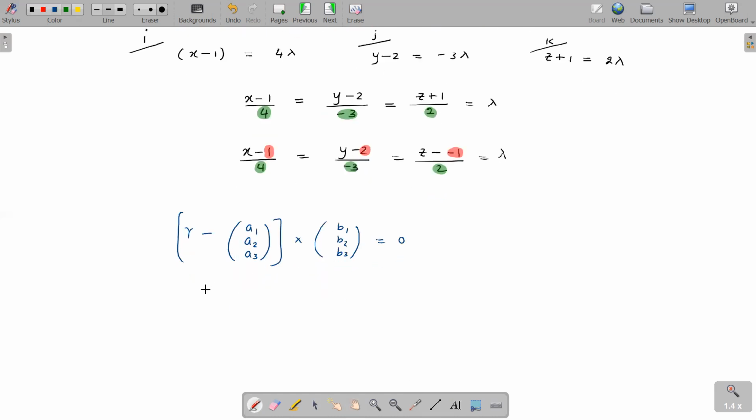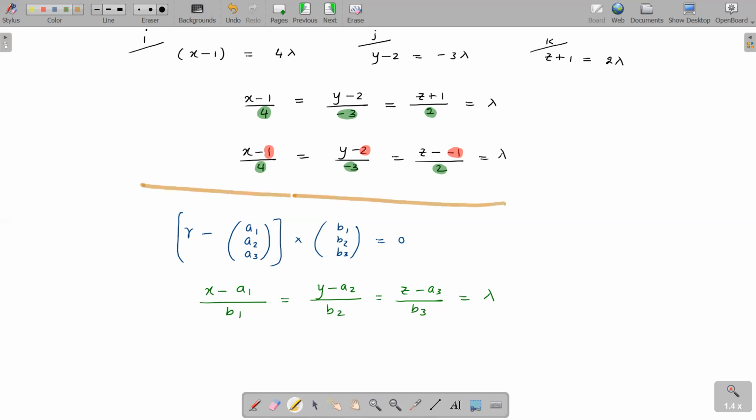Use this format: x minus a1 over b1 equals y minus a2 over b2 equals z minus a3 over b3 equals lambda. This is how we convert a vector equation into a Cartesian equation.